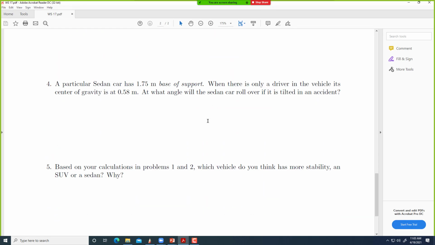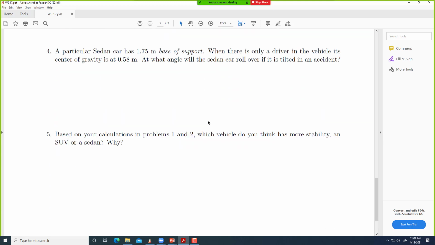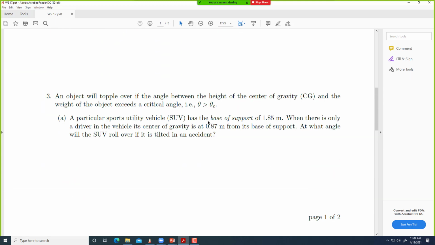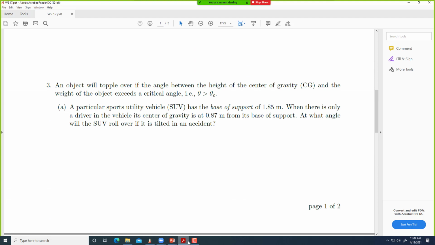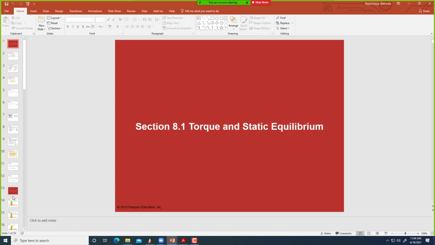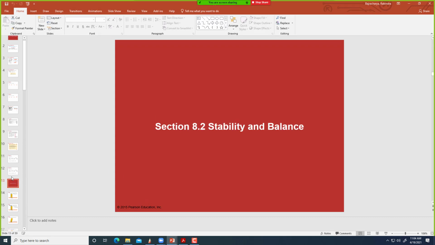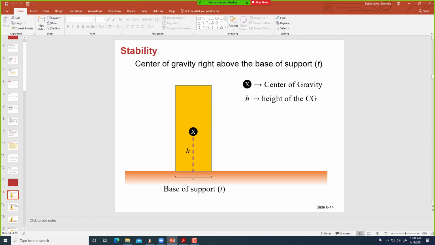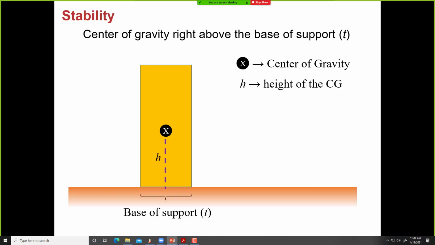Okay, if not, then let's look at stability of an object. So we were talking about the stability of an object, the condition for stability last time. And we saw that when the center of gravity of an object is exactly above the midpoint of its base of support, then it's in stable condition.